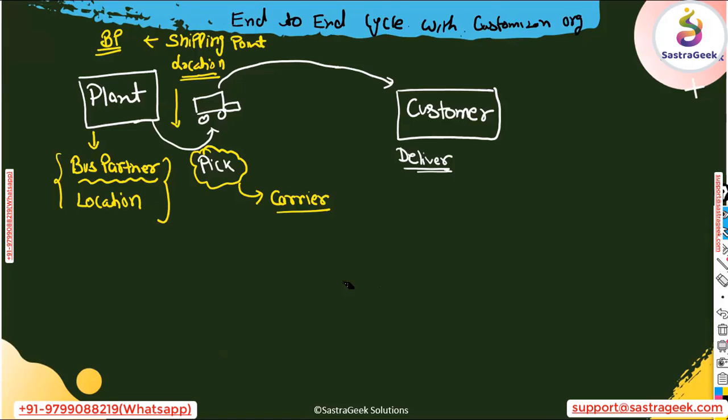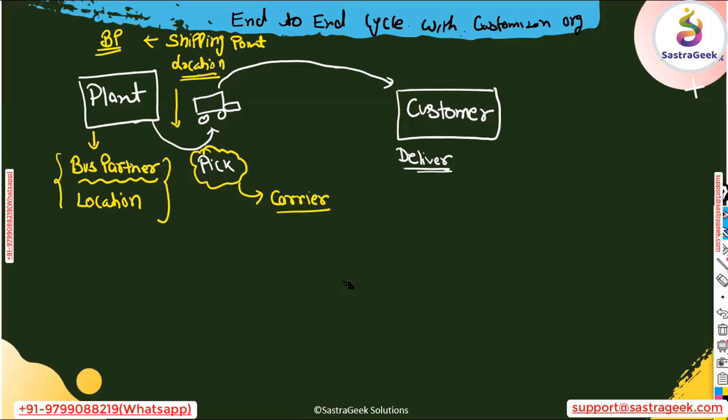Now, if we want to run only an order-to-cash scenario, for the shipping point and plant you don't need a business partner in S/4HANA. It is a TM requirement that this needs to be created as a location and as a business partner in the system, because TM works fully on the business partner. Everything needs to be registered as a business partner.